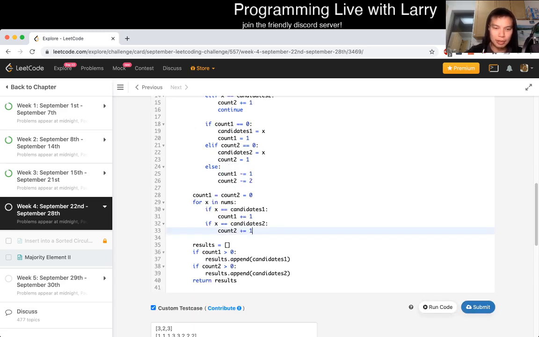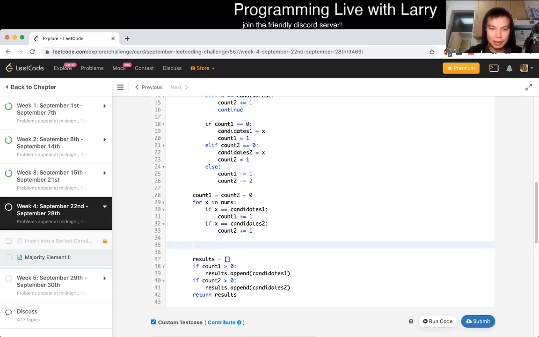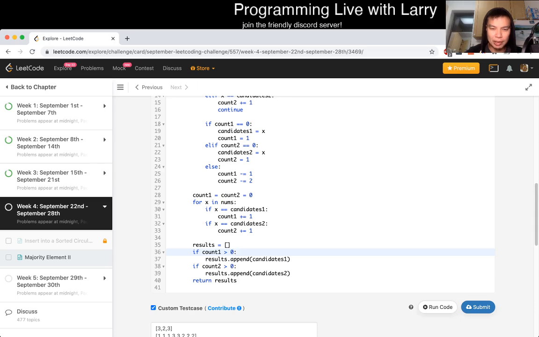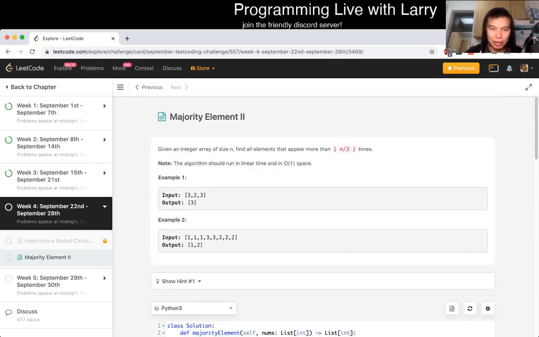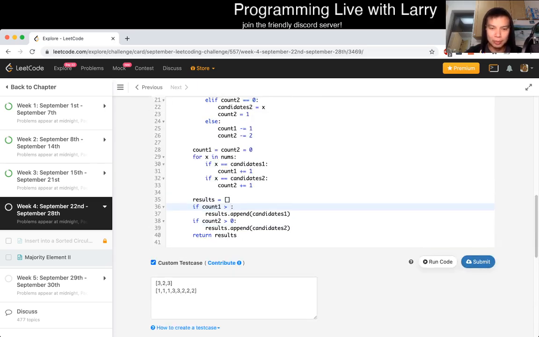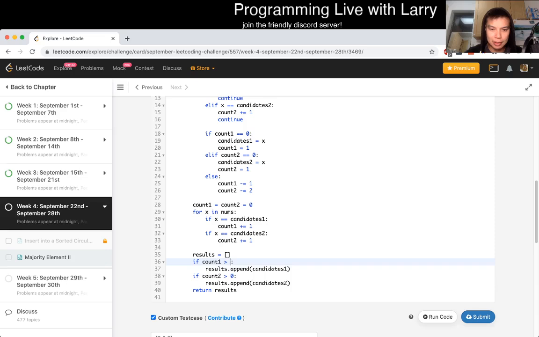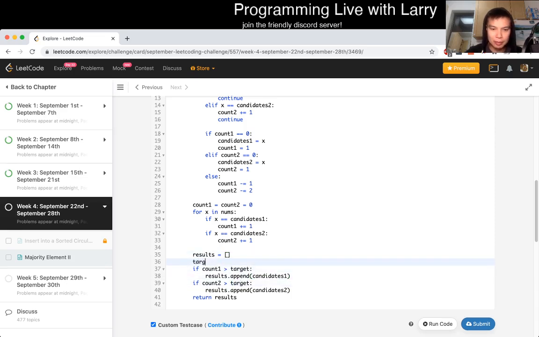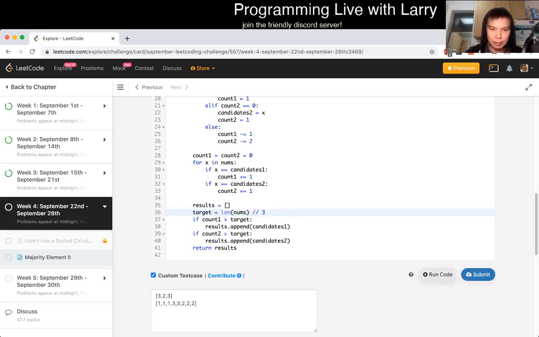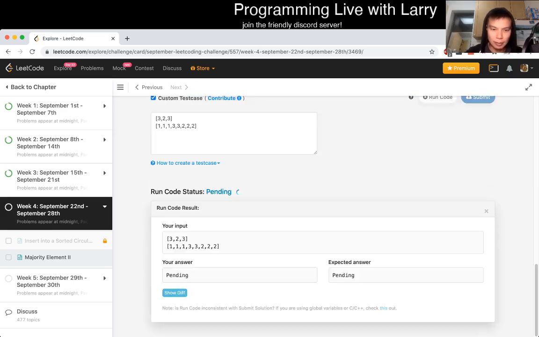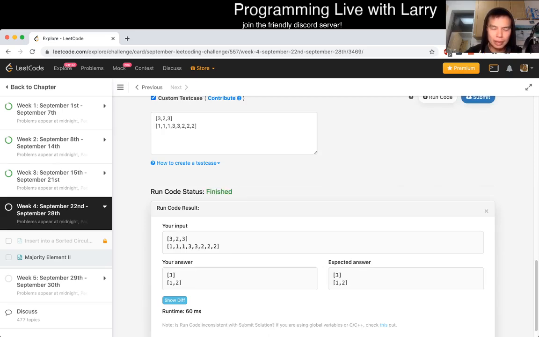And then we just verify that, now in this case, instead of greater than 0, it is n over 3 exactly, right? So let's just say target and then we'll do the math. Okay, so this gives us okay.